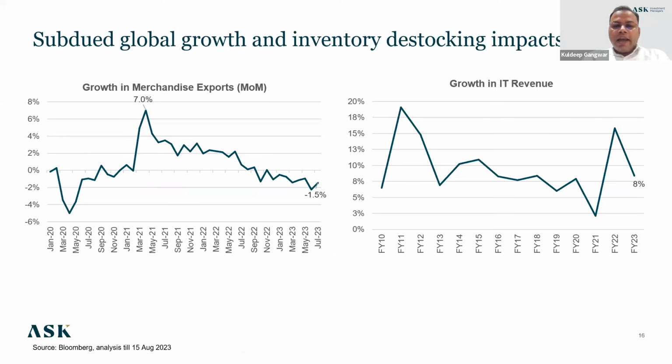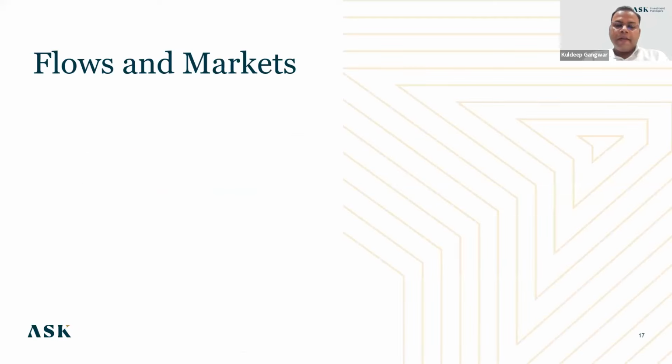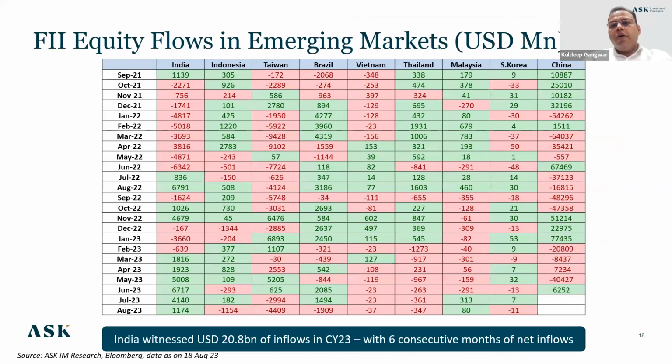On exports, I already mentioned that in export-related sectors there have been some challenges, some slowdown. If we think about the overall flows in the market, thankfully since March 23 onwards, the foreign portfolio investors are back, and it's having an implication for high quality, high growth companies, because that is the pocket where most foreign portfolio investors invest.